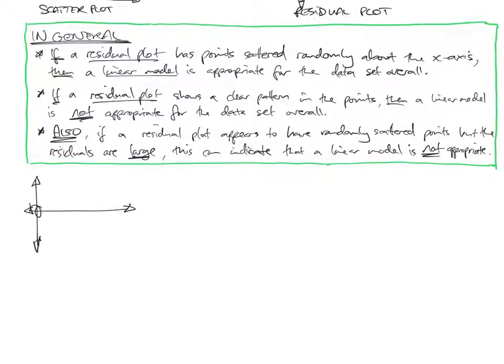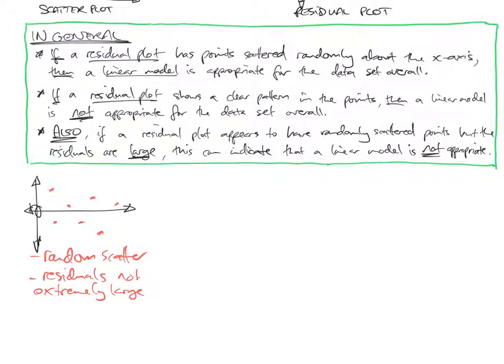But if you had a residual plot that appeared like so, there's no particular pattern to it, it looks randomly scattered. And the residuals aren't too huge. Not extremely large.